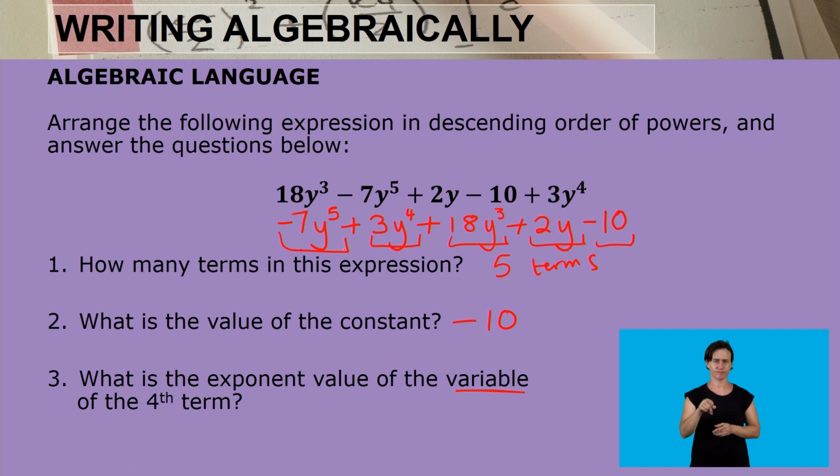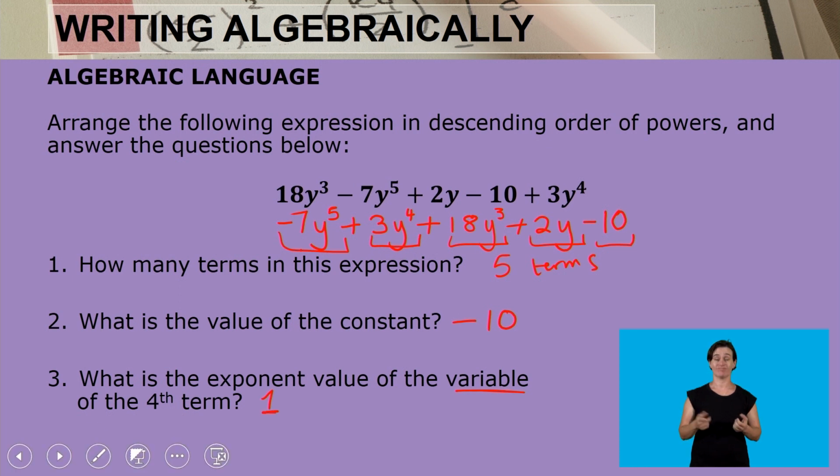So we have the first term as negative 7y exponent 5, the second term as 3y exponent 4, the third term as 18y exponent 3, and the fourth term is 2y. So what is the value of the exponent for that variable? So as we can see, the variable there is the y, and yes, the exponent there is a 1.